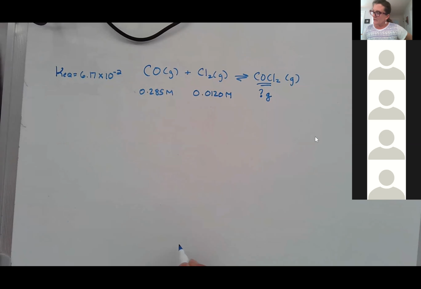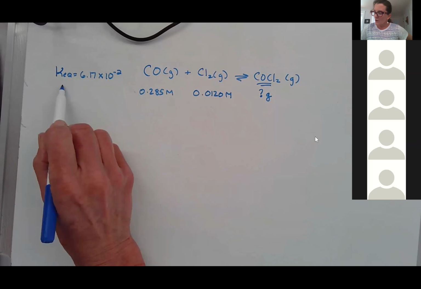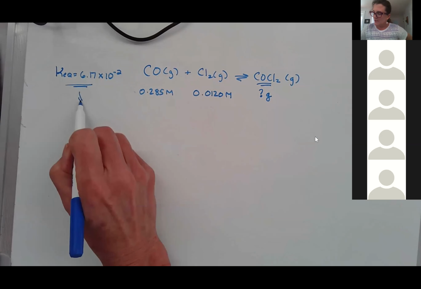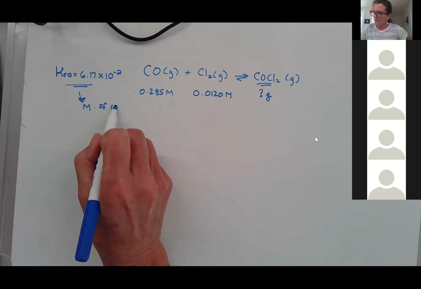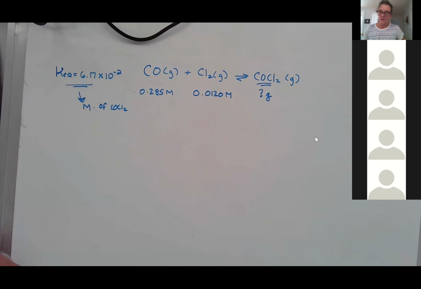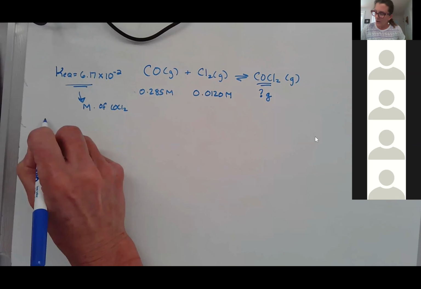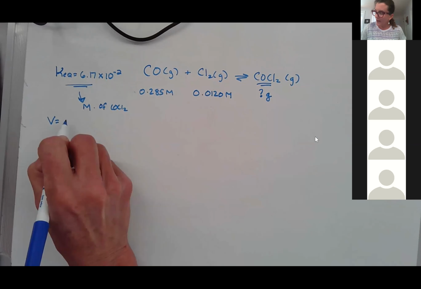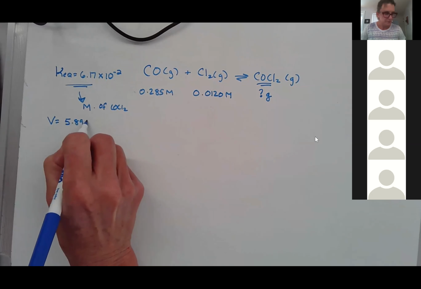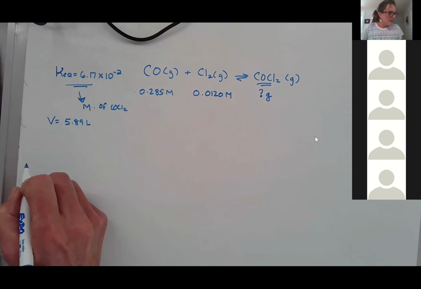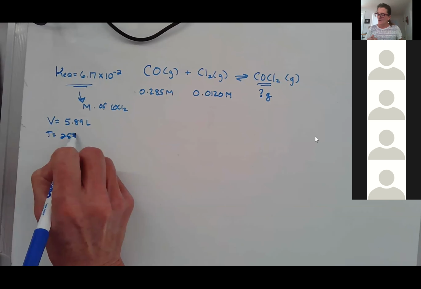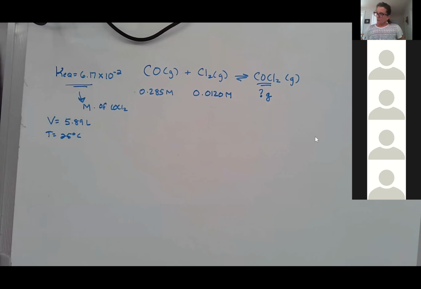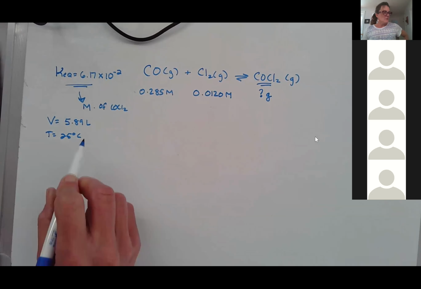So we can use the equilibrium constant to give us the molarity of COCl2. We're also told that the volume of the gas is 5.89 liters, and I think the temperature was 25 degrees Celsius. I guess we need that to get the moles.